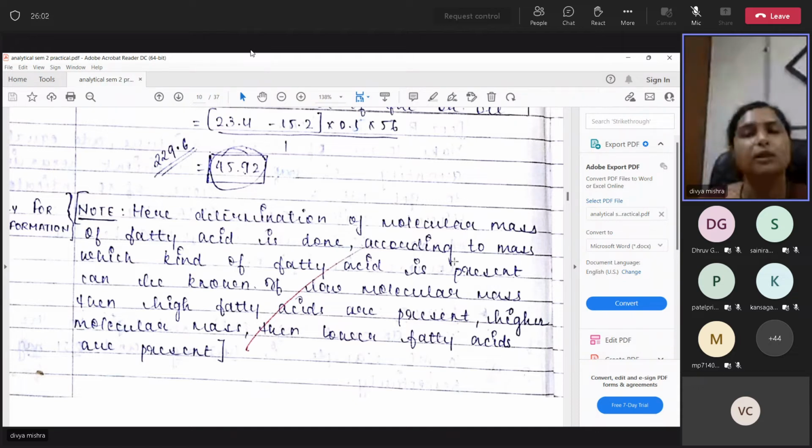So the molecular mass of the fatty acid can be determined by using the saponification number. If the molecular mass is low, then more fatty acids are present. If the molecular mass is higher, then fewer fatty acids are present.